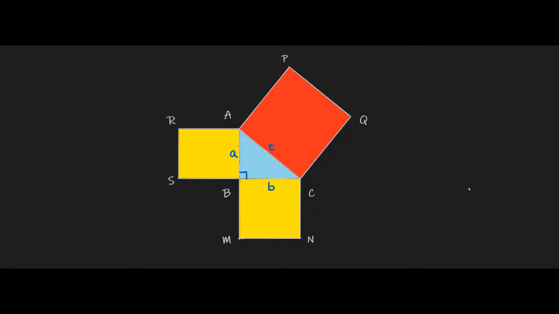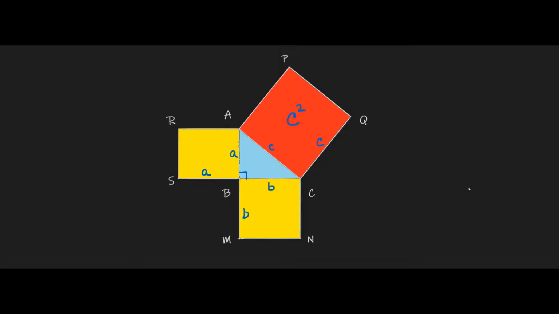Because APQC is a square, all sides are of equal length, and because AC is C, QC is also C, and so is PQ and AP. Similarly, the yellow square ARSB is a square with side A each, and the yellow square BCMN is a square of side length B each. And so the area of the red square becomes C multiplied by C, which is C square.